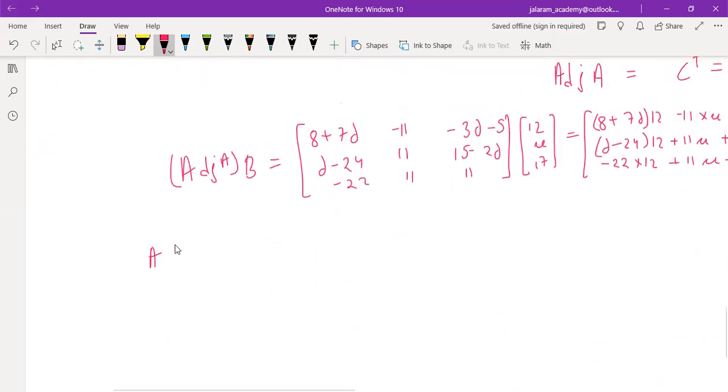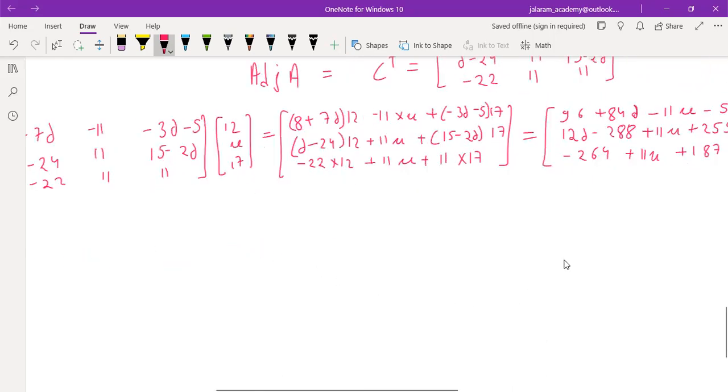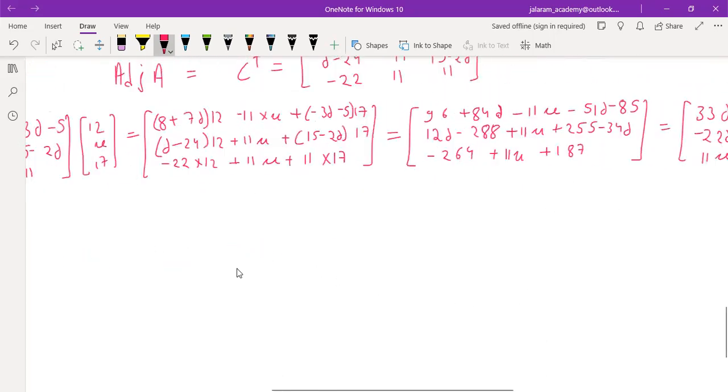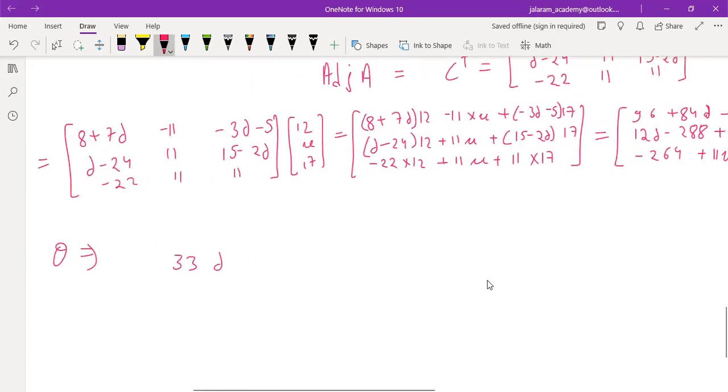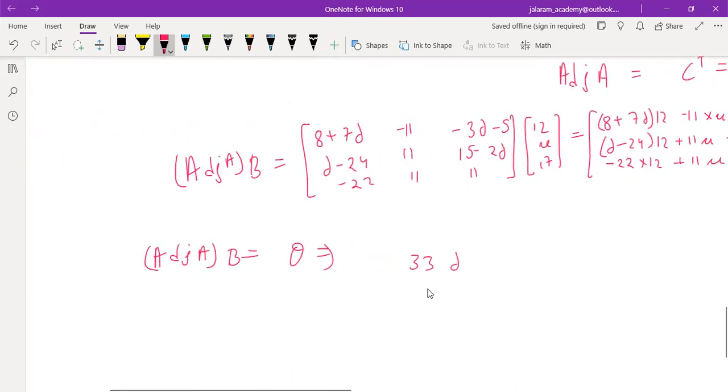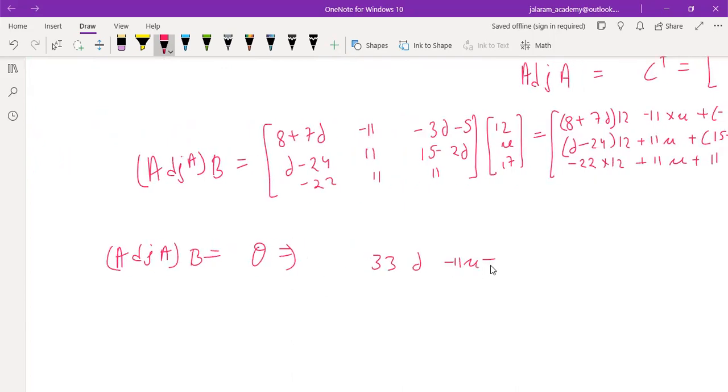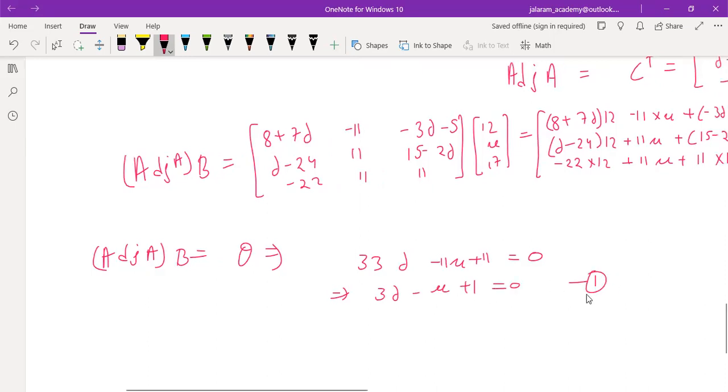So finally, we take it must not be equal to the null matrix, that is 33 delta minus 11 mu plus 11 is equal to 0. To make it a null matrix, divided by 11, 3 delta minus mu plus 1 equals 0 is equation number 1.